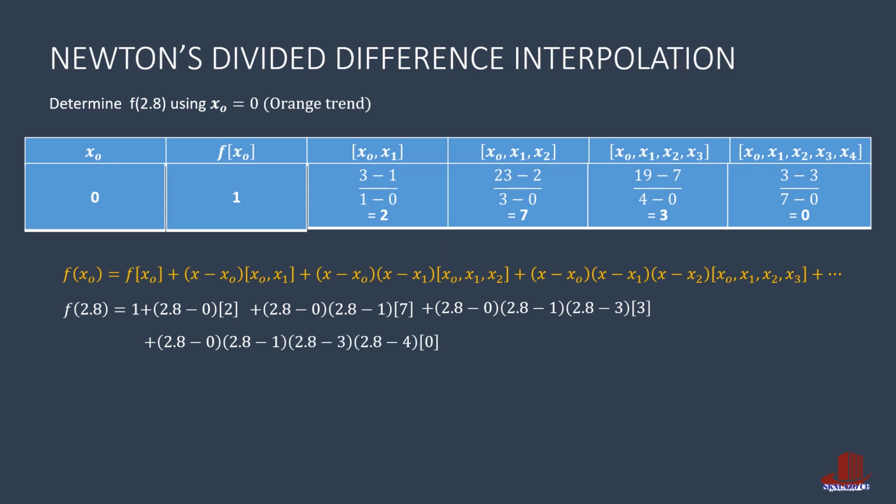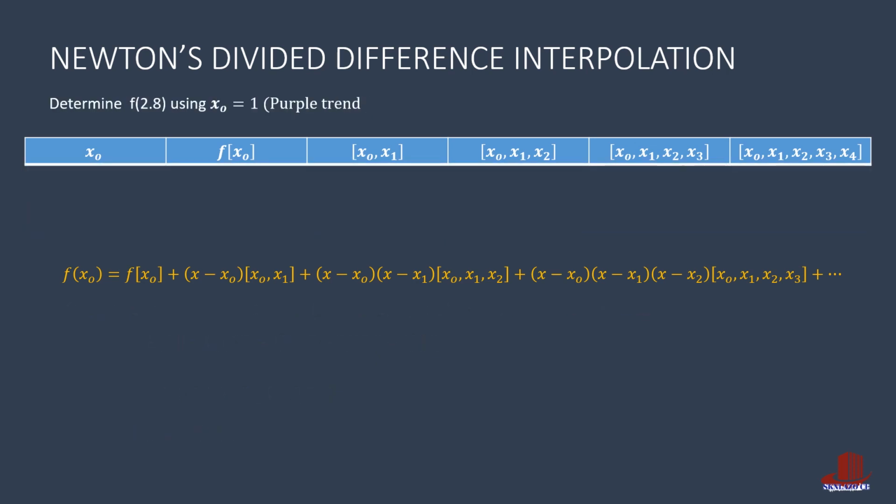Then the last term has 2.8 minus 0, 2.8 minus 1, 2.8 minus 3, and 2.8 minus 4 multiplied by the coefficient 0. The terms are simplified as 1 plus 5.6 plus 35.28 minus 3.024, giving f of 2.8 as 38.856.